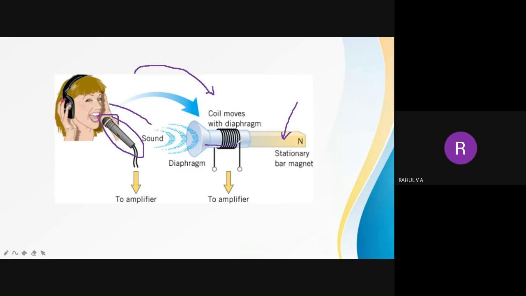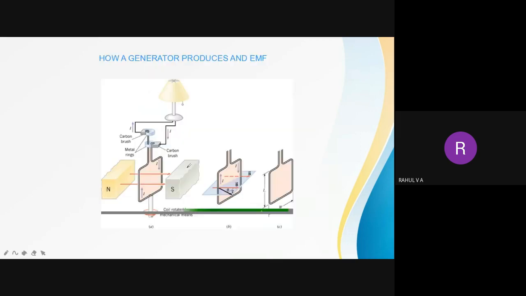That will move the diaphragm on the permanent magnet. When it is moving, the flux linkage with the coil changes and EMF is induced. That is one application.